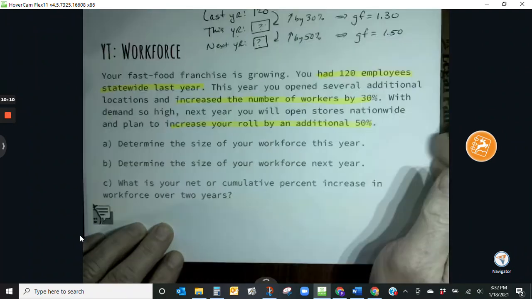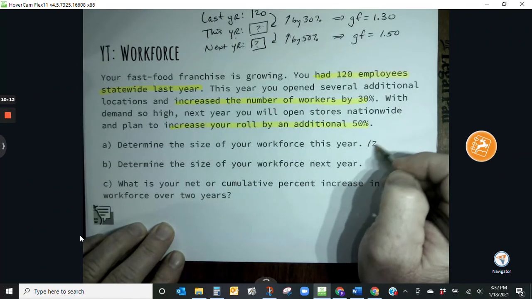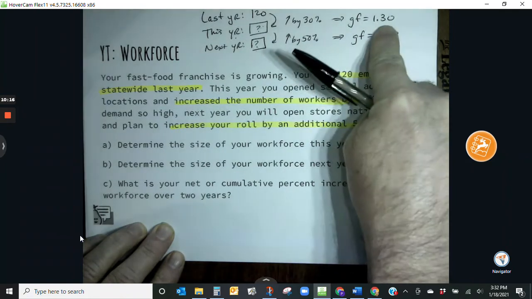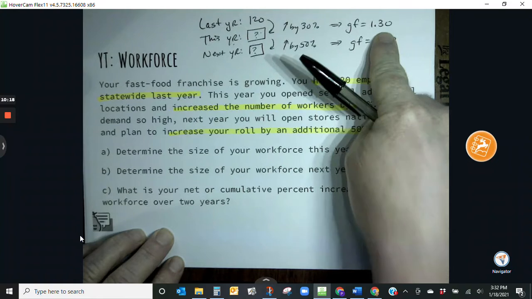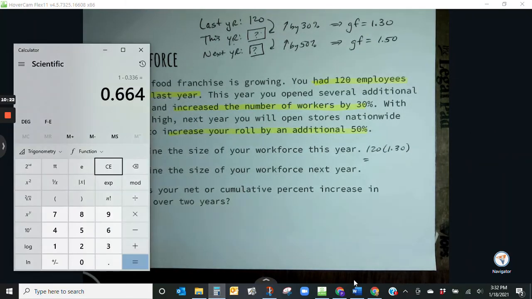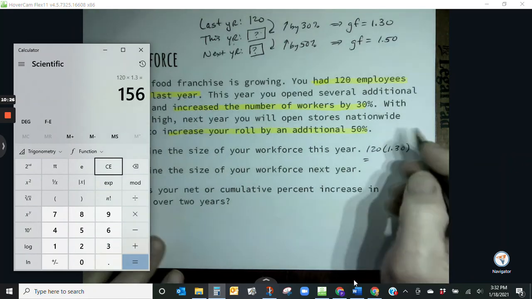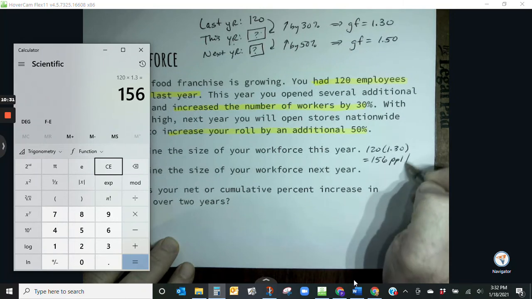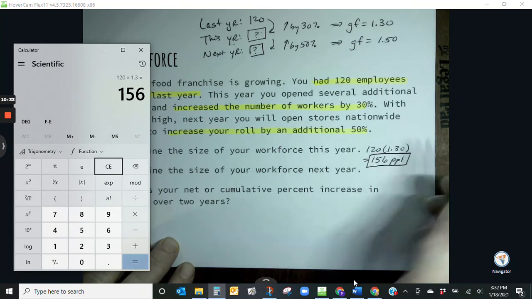The first one is 120 times 1.30, because that's the growth. 120 times 1.30 is 156. So 156 employees this year.